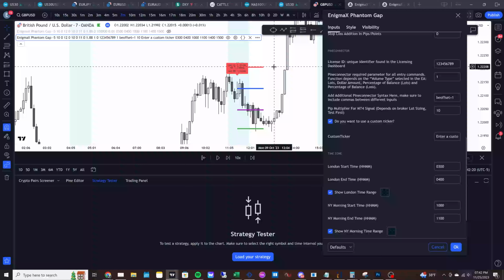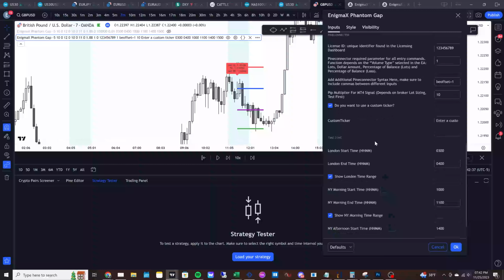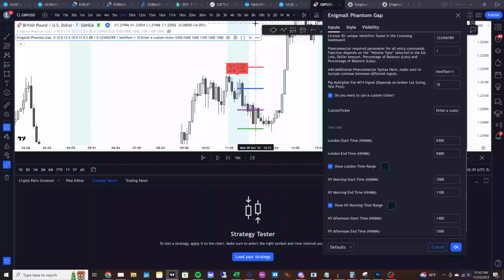But if your broker uses 3 zeros, it's going to want to see that it's 300 points away, whereas if it's just 2 zeros after, it's going to want to see 30. So make sure you test that on a demo account before you go live, because otherwise you might have a stop loss that's 10 times this and a take profit that's 10 times this. Or the reverse, you'll have it at 1/10 and 1/10, and then you're stopped out.